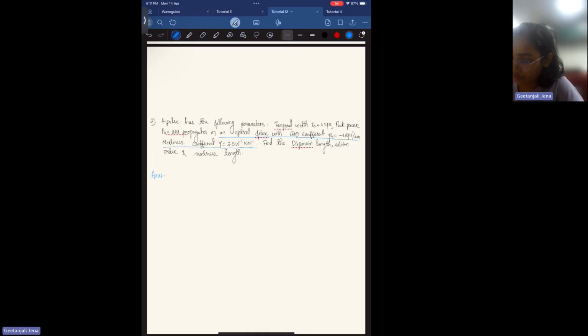The nonlinear coefficient is also given. The question asks what is the dispersion length, the soliton order, and the nonlinear length of the fiber.